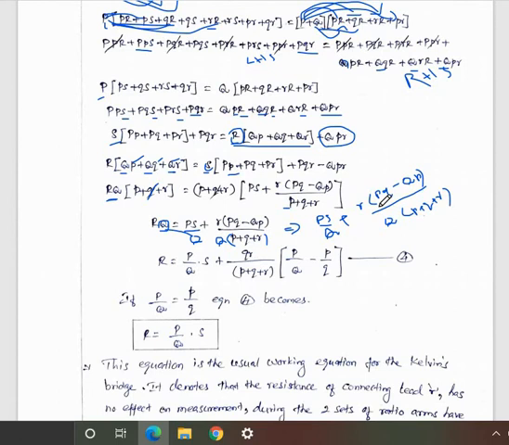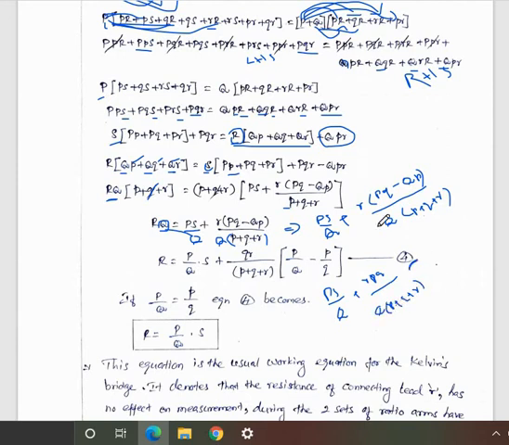So we can expand the equation here. The same capital PS divided by Q, plus R into capital P, we just have to multiply that, R P Q divided by the same value, Q into P plus Q plus R, because this is one term.